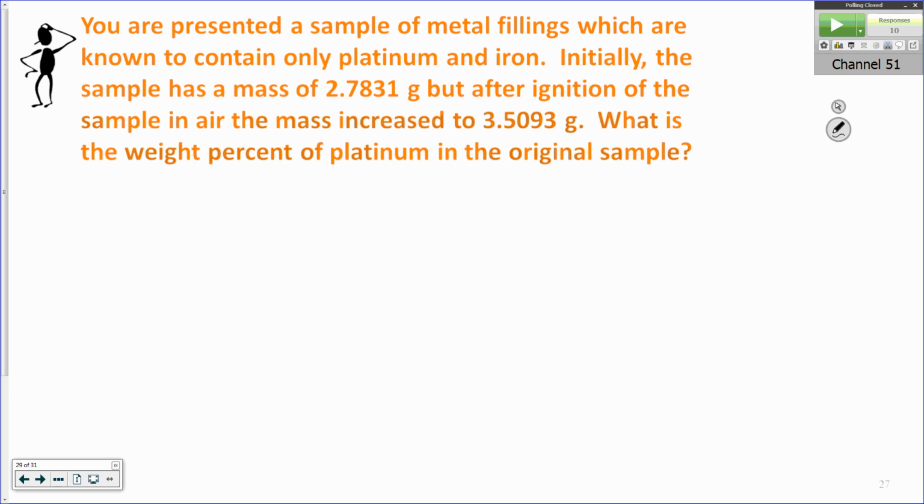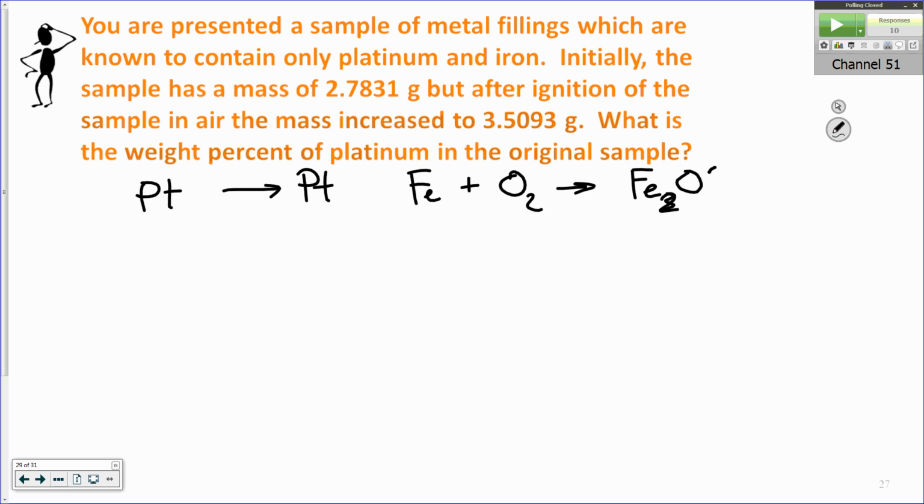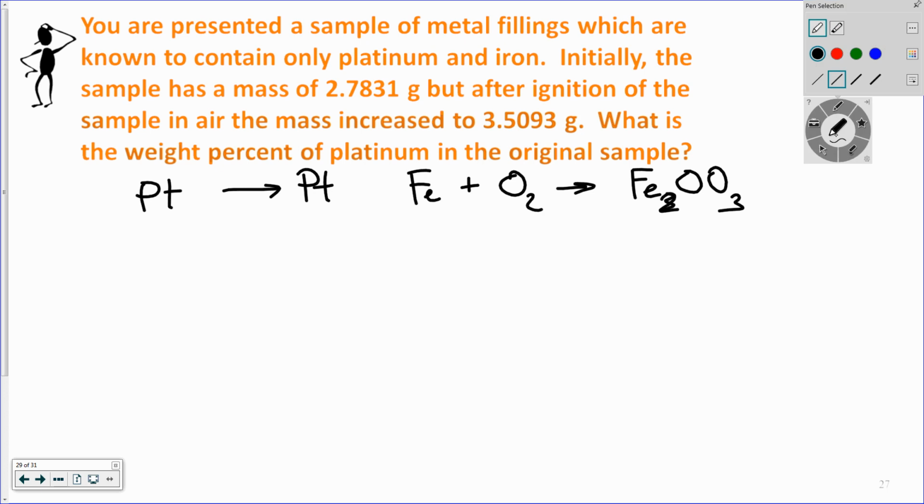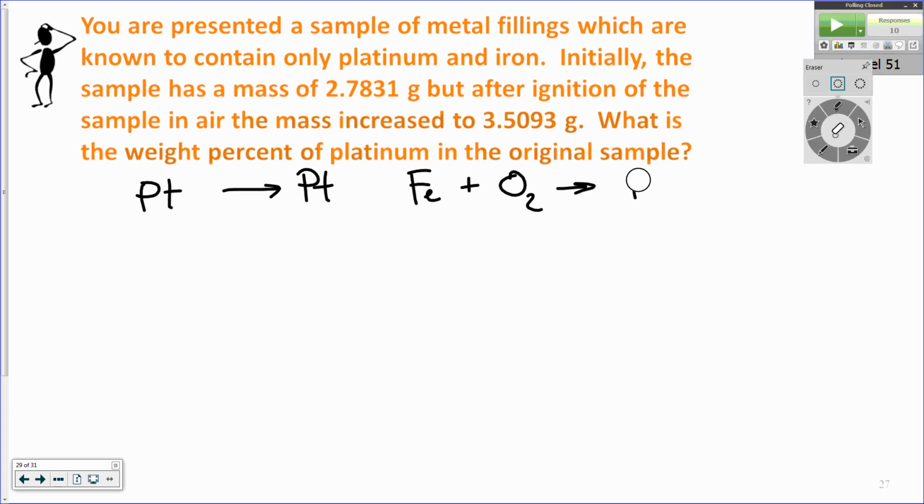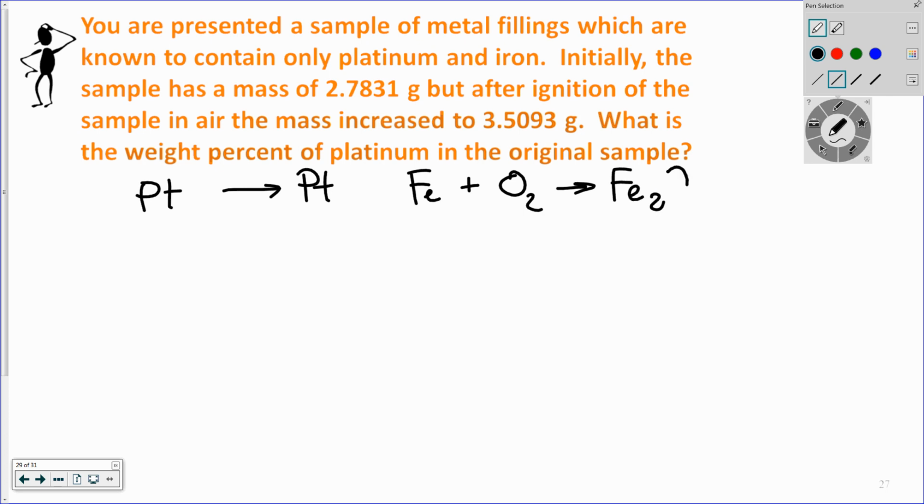So the platinum is going to remain platinum, but the iron's going to react with oxygen in the air and produce Fe2O3. It's going to go to iron oxide.